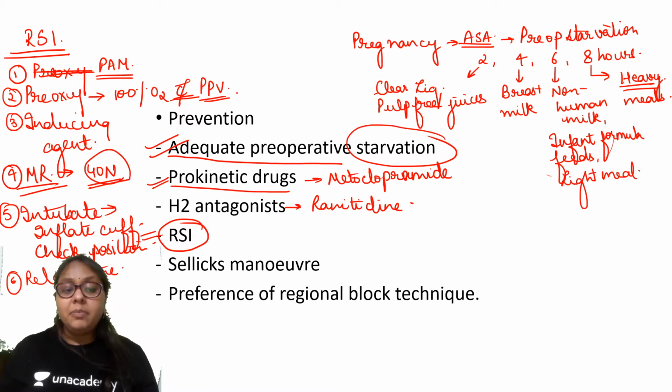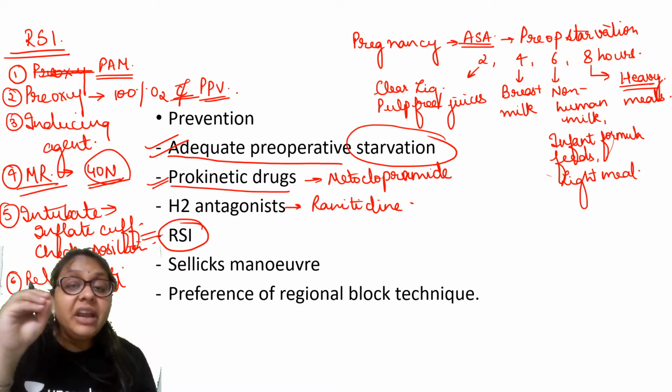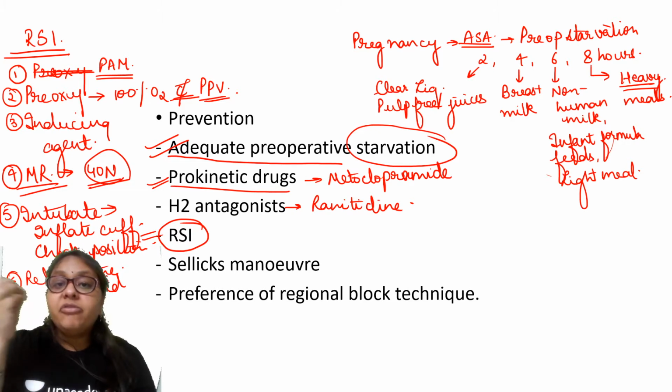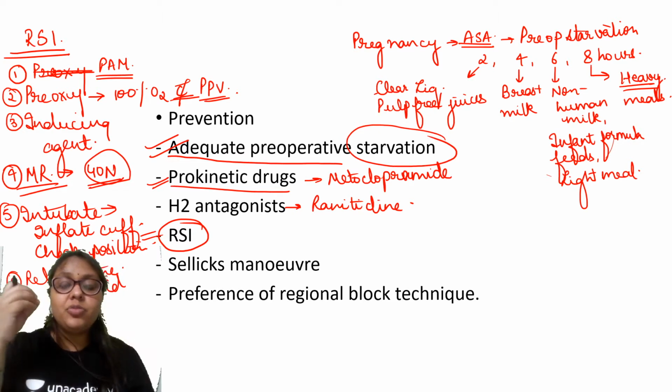The cricoid pressure should only be released after inflating the cuff, because the main function of the cuff in the endotracheal tube is to prevent aspiration of the contents.